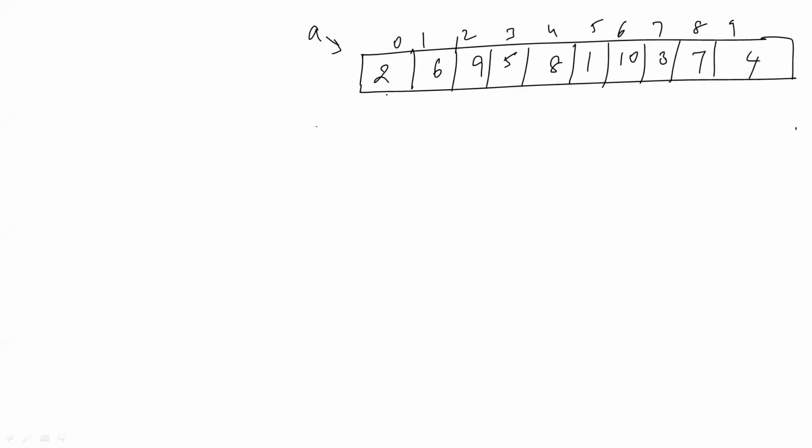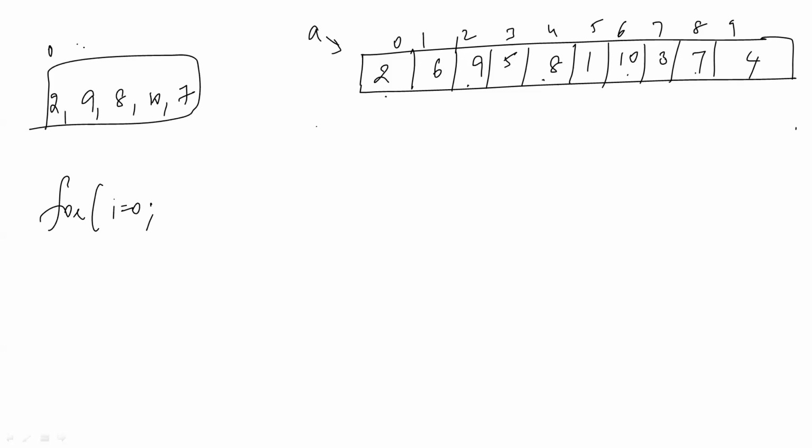So I want 2, 9, 8, 10, 3 to be printed. Means from the 0th position, if I want to print 2, 9, 8, 10, and 7, the values present in the 0th position, 2nd position, 4th position, 6th, 8th positions.